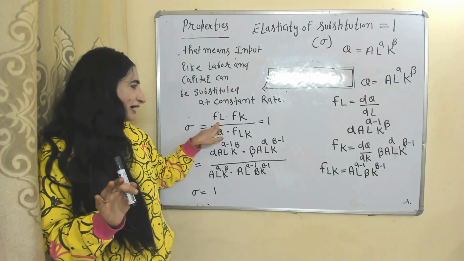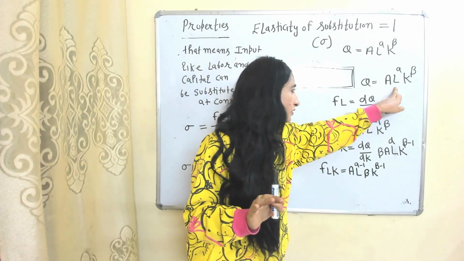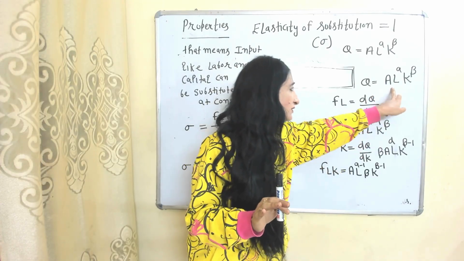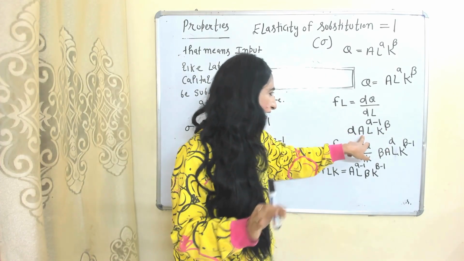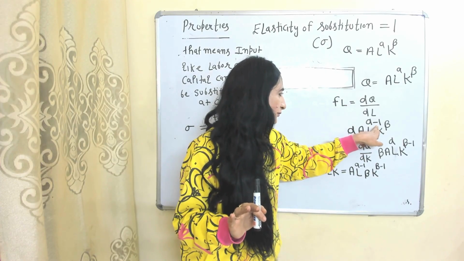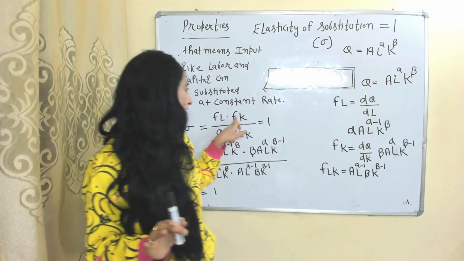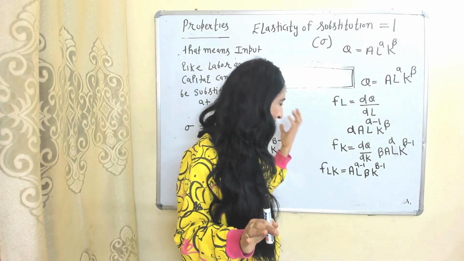In order to calculate FL, we differentiate this production function with respect to labor. When we differentiate with respect to labor, then K to the power beta and A will remain constant. Alpha will come down and we subtract 1 from alpha. In order to find Fk, we differentiate this function with respect to capital.